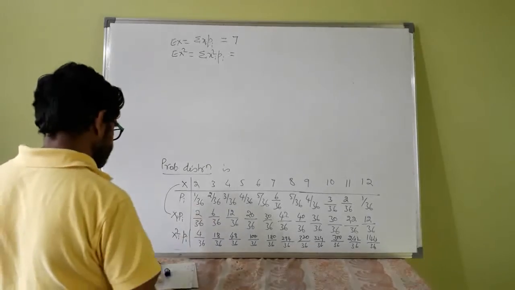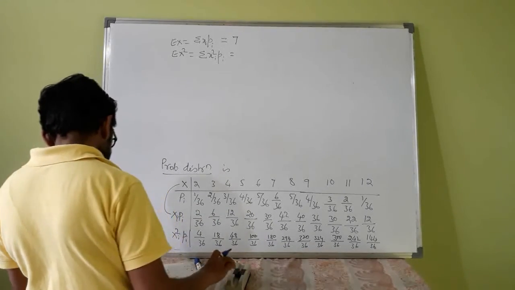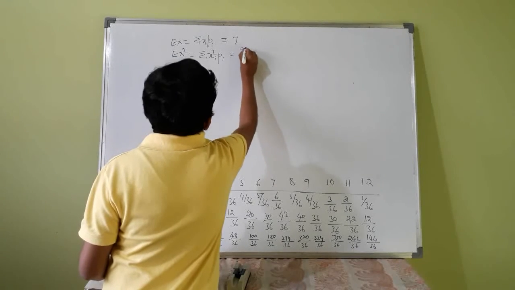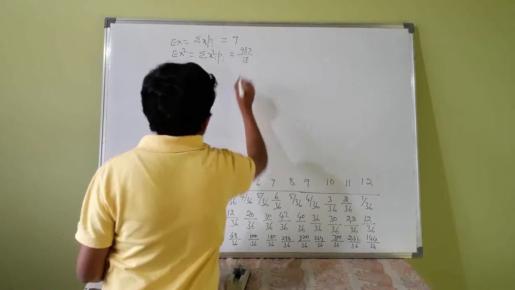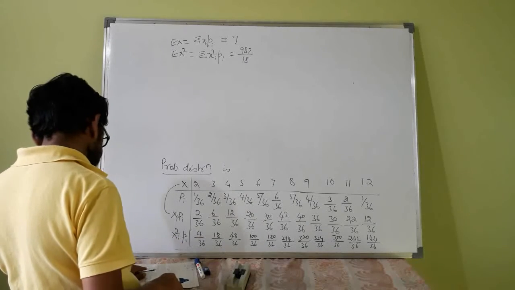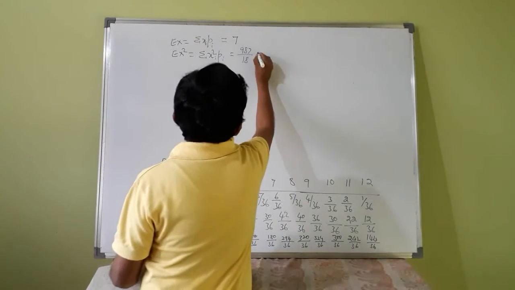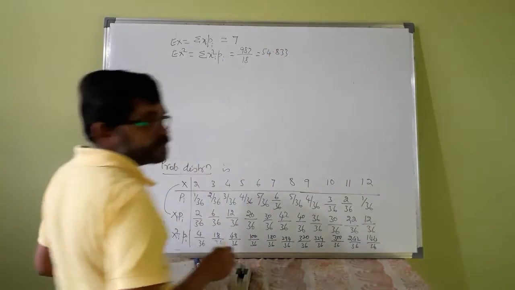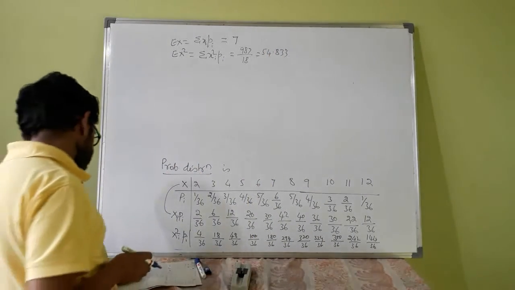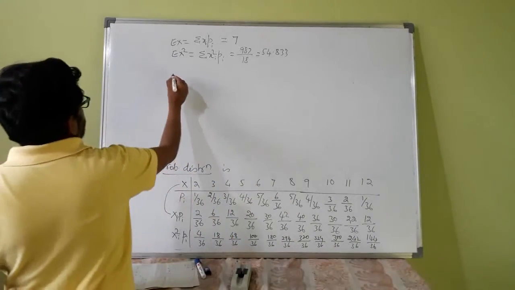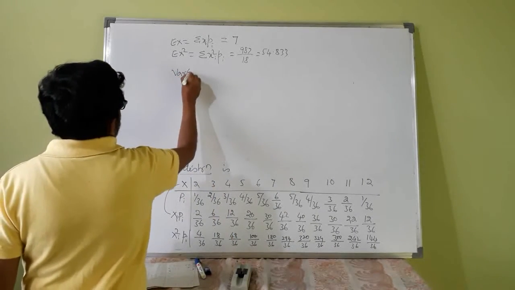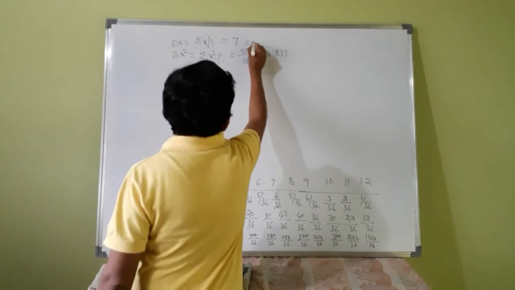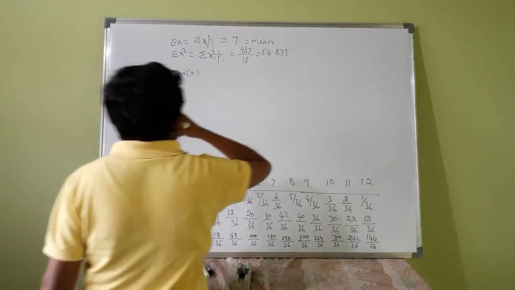If you sum this, you will get 987 by 18. After cancellation, you will get 54.833. Verify this, okay. And variance of x will be, this is arithmetic mean, expectation of x or mean.